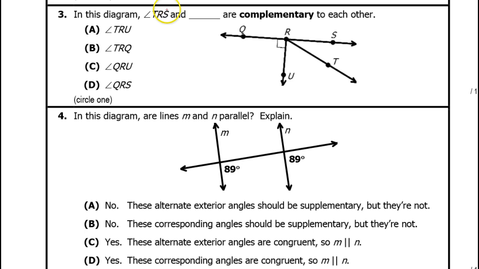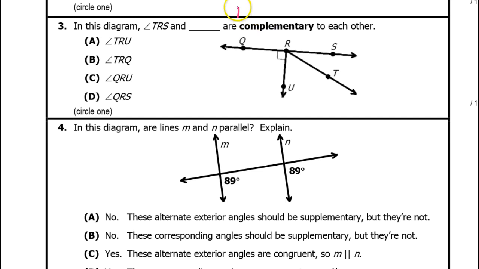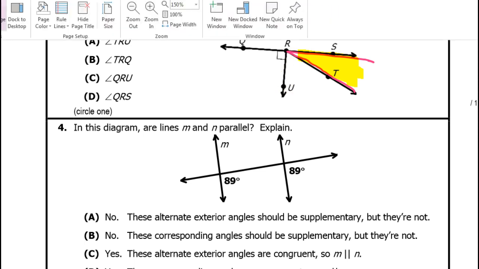Alright, number 3. Angle TRS and what are complementary? Alright, remember complementary means they add up to 90. So they have to add up to 90 degrees. TRS is again this angle right here, TRS, which again I'm going to just go ahead and color in yellow just to make it extra clear that this is the angle that we're talking about. Alright, we need another angle that would make 90 degrees if put side by side.